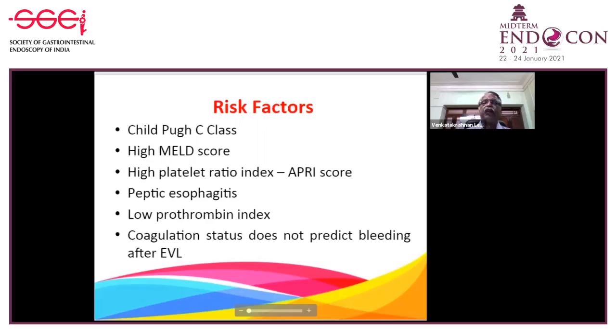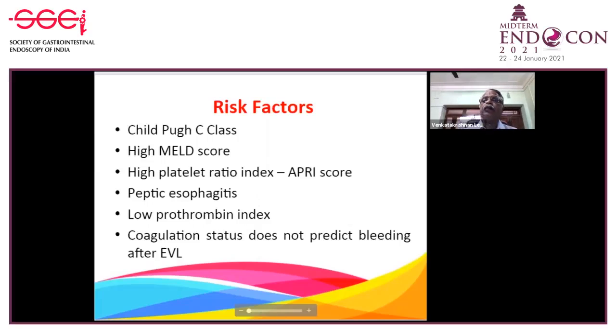This is a study from Stephen Calvert, where they looked at 141 patients who had a post-EVL ulcer bleed, and they were subjected to prothrombin time, protein C estimation, D-dimer levels, fibrinogen levels, and they also underwent thromboelastography.